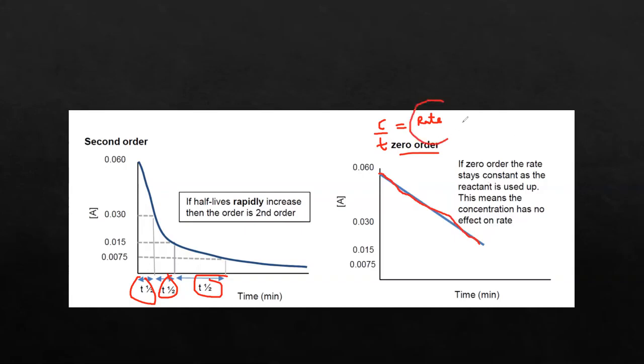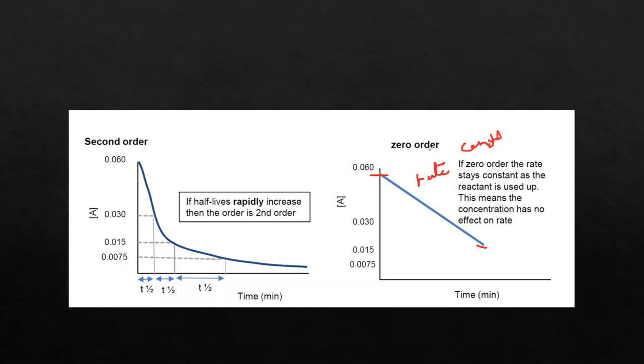So it shows that the rate is constant, or the rate is not changing even though there is a change in concentration. In the beginning you have more reactant, and the reactants are decreasing, but there is no change in rate. Rate is constant here. If rate is constant, it is not affected by change in concentration or amount of reactant. It means it is zero order.